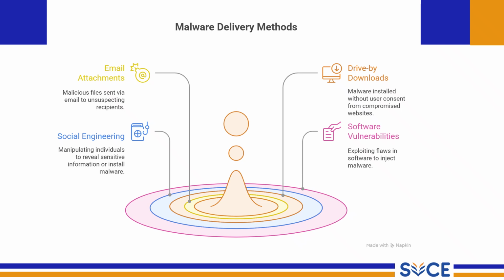Okay, the first one is email attachment, where a malicious file is sent via email to an unsuspecting recipient. The second one is social engineering, where individuals are manipulated into revealing sensitive information or installing malware. Next is drive-by downloads, where malware is installed from compromised websites.